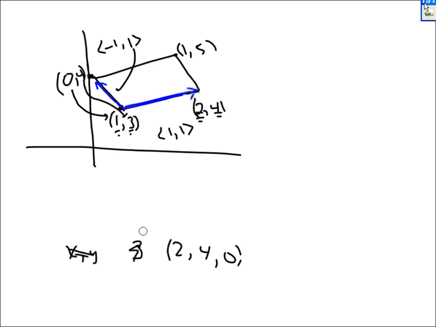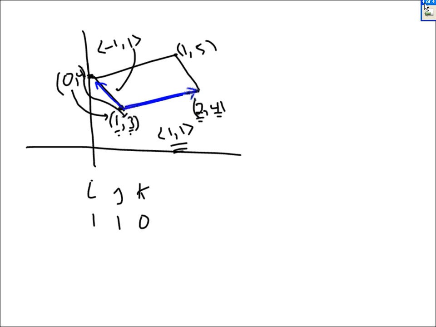Think of all the z values as 0. It's right on the xy plane. It's not one above or one below. So we have i, j, k. The first vector is 1, 1, 0. The second vector is negative 1, 1, 0.